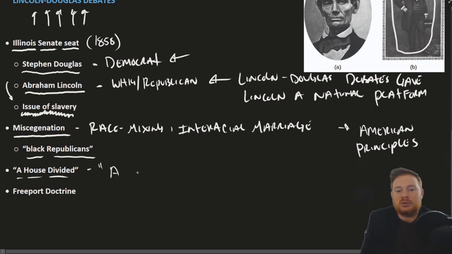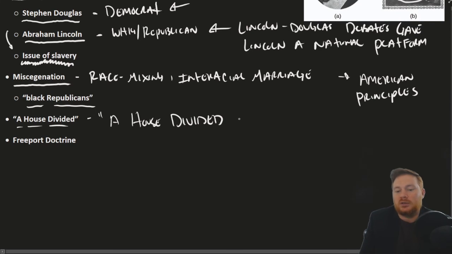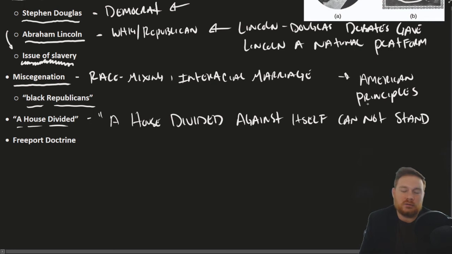Lincoln said, "A house divided against itself cannot stand." And again, the house that he's talking about here is a metaphor for the country, right? The country cannot remain divided on this issue.